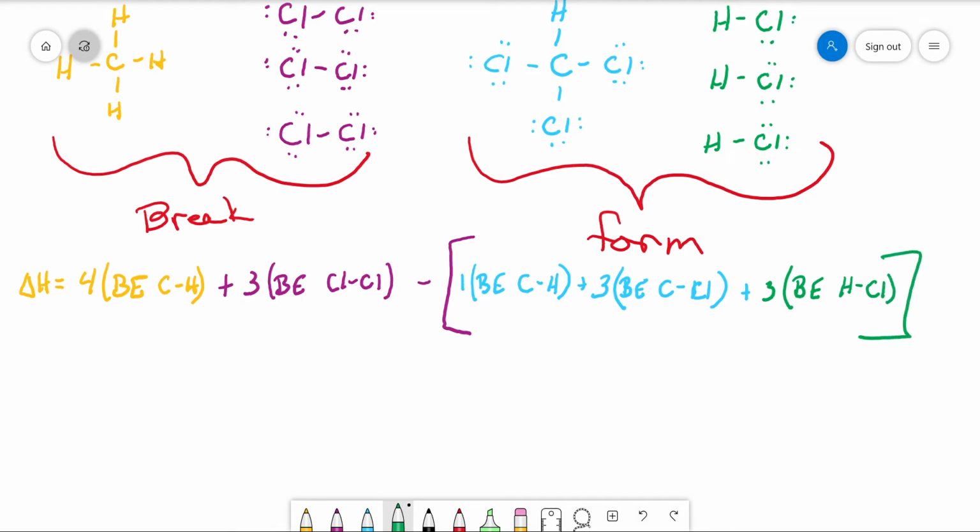And I put that in brackets because of that minus sign out there, okay? Because we want that to distribute all the way through.